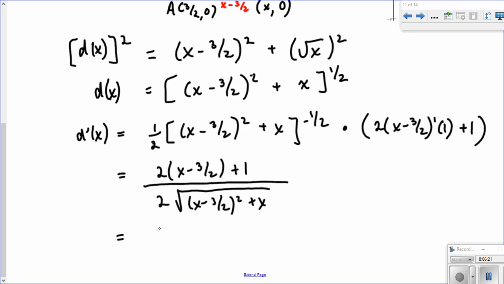Okay, so let's just clean up the top. That'd be 2. I'm going to distribute 2 into here. That's 2x minus 3 plus 1, and it's all over 2, and then the long radical expression I've got here.